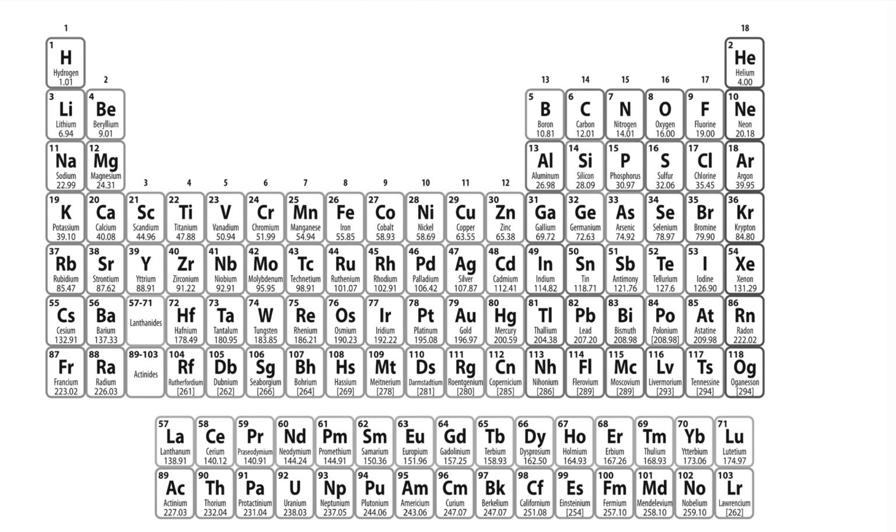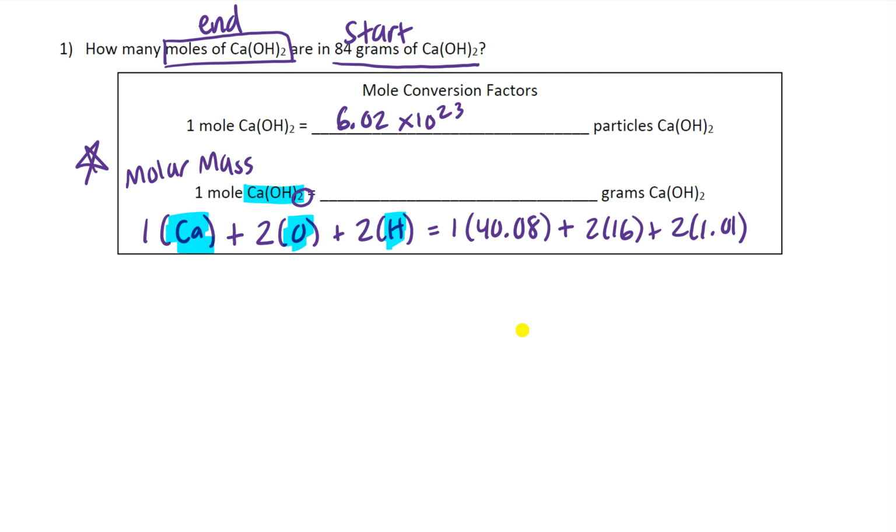Alrighty, so calcium has a mass of 40.08. Oxygen has a mass of 16, and hydrogen has a mass of 1.01. So those are the numbers that we're going to plug into our equation on our paper. So we have plugged in the values from the periodic table, the mass of calcium, the mass of oxygen, and the mass of hydrogen.